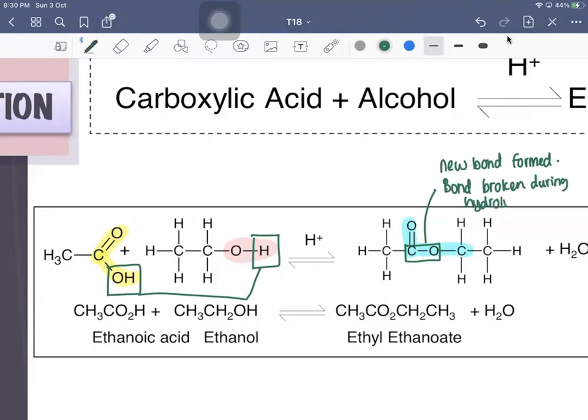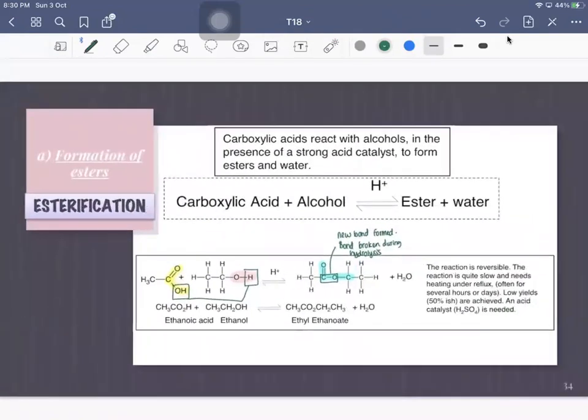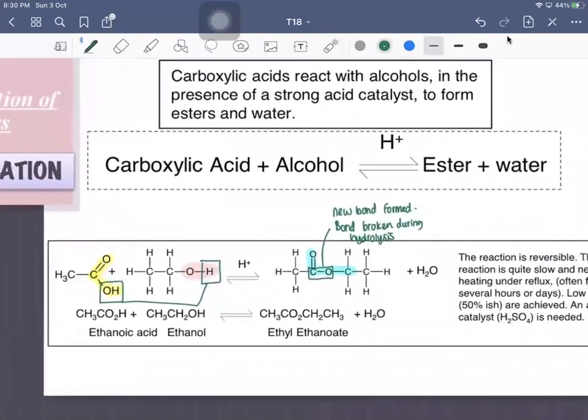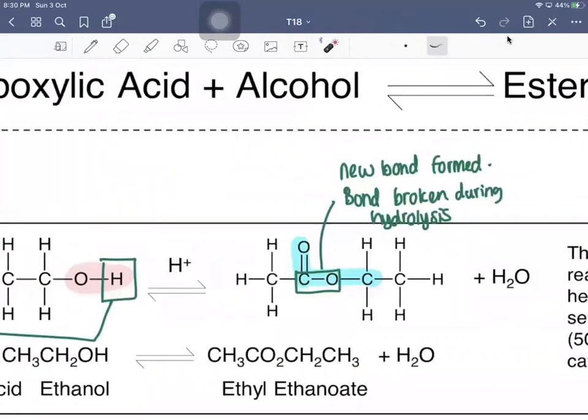Hydrolysis is the reverse. And then we think about the naming of the ester. I usually extend the functional group of ester from C double bond O all the way to that carbon directly attached to the oxygen.